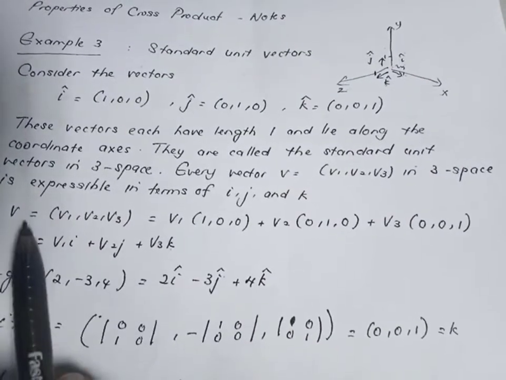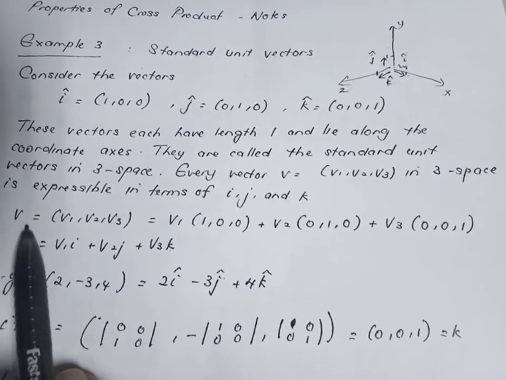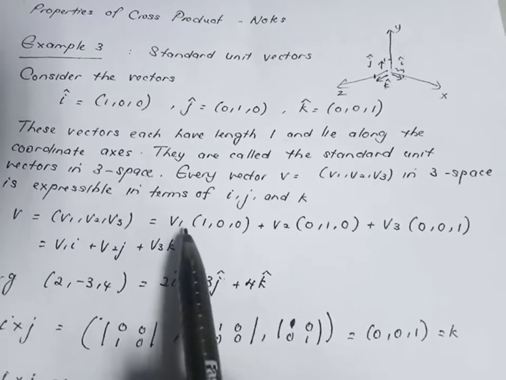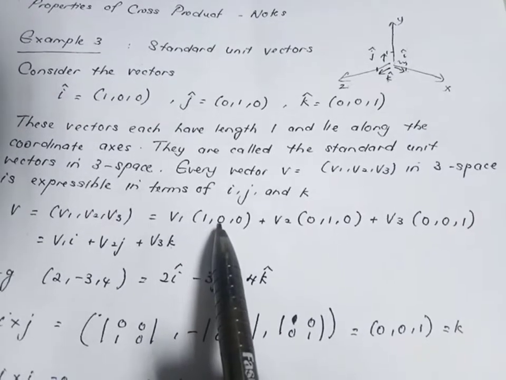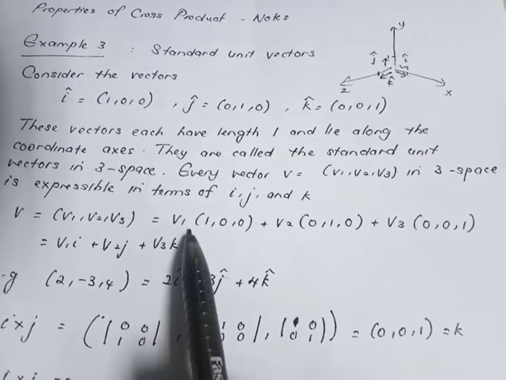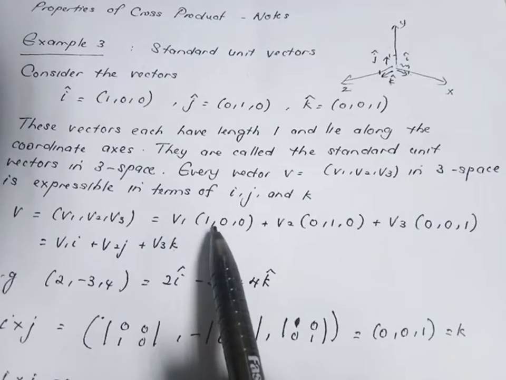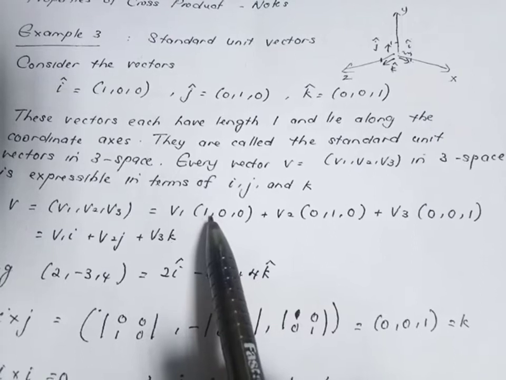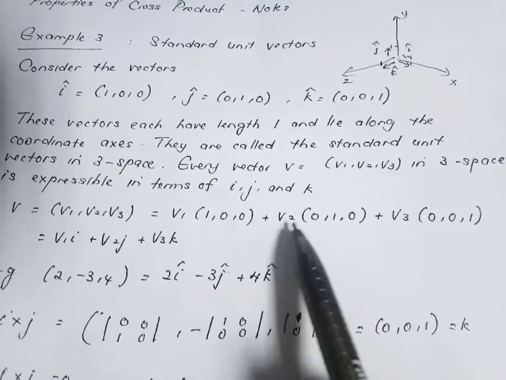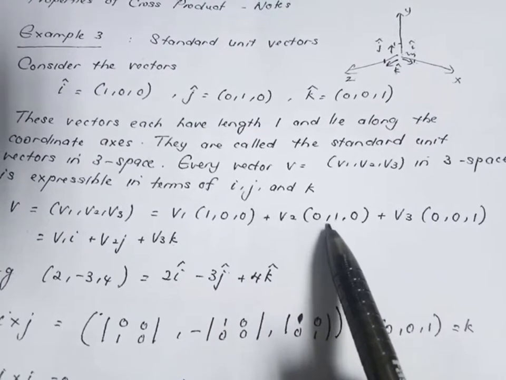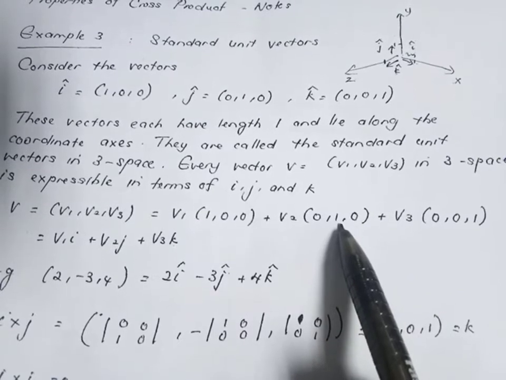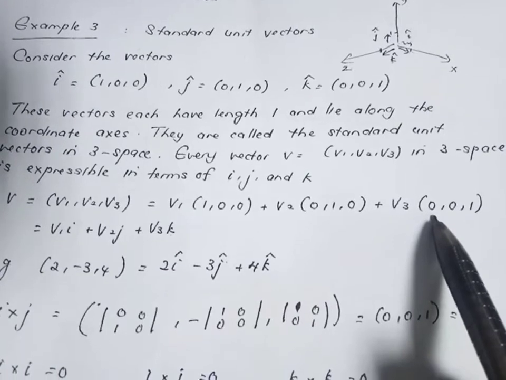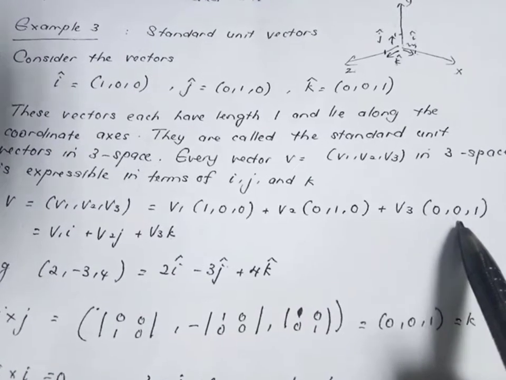For example, any vector v in n-space, with components v1, v2, v3, we can write in the form of standard unit vectors: v1 times the unit vector i, plus v2 times the unit vector j, and v3 times the unit vector k.